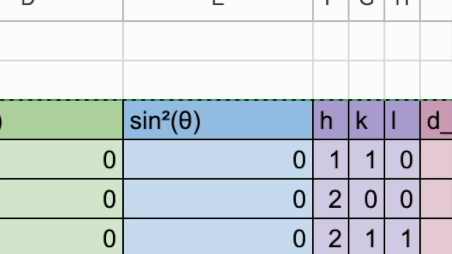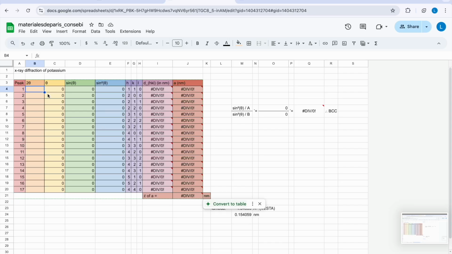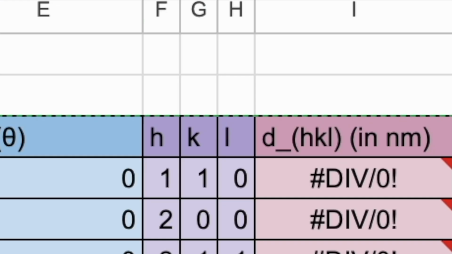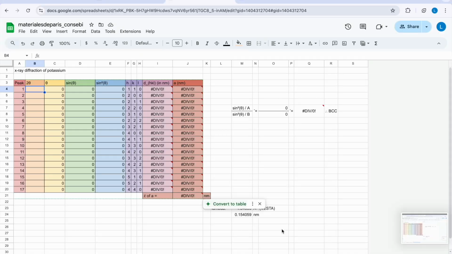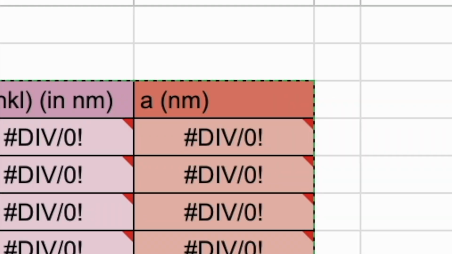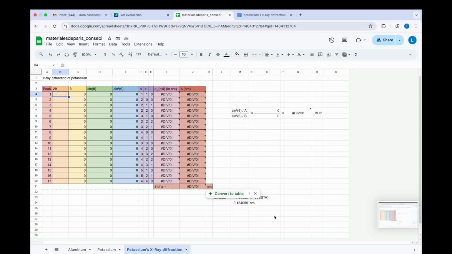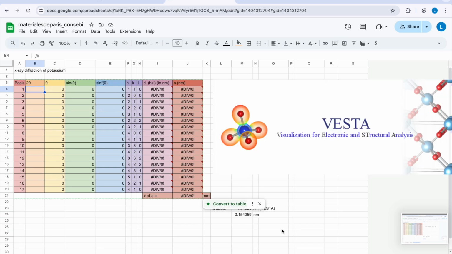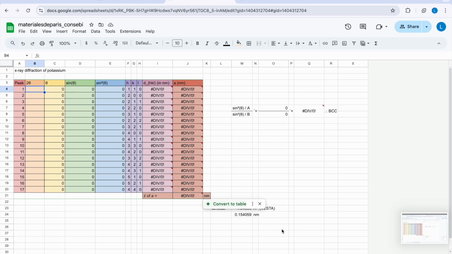Sine squared, to follow the formula mentioned before to determine the structure, then the Miller indices that generate each peak. Finally, the lattice constant, to solve the parameter using the rearranged Bragg's formula to find the size of each cell. Following the graph provided by Vesta, we just get theta and the Miller indices.